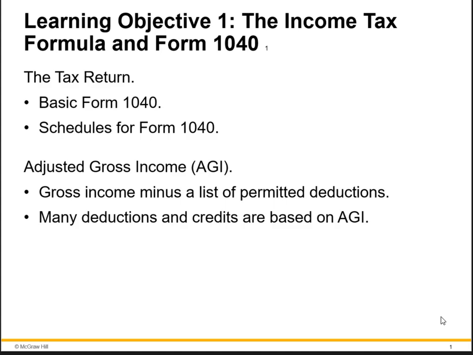The reason why we differentiate is because many deductions and credits are based on AGI. For instance, the child tax credit phases out when the taxpayer's AGI gets over a certain threshold. So the more over that limit you are, the less of the credit you get.